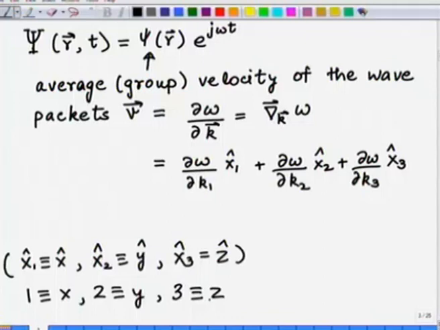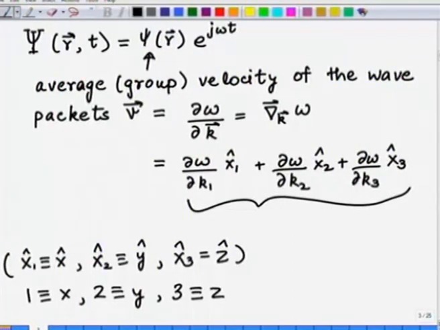The three notations 1, 2, 3 are the symbols of the orthogonal coordinates, which if Cartesian, are x, y, z, and in the way I have expanded it, Cartesian coordinate system is implied. So, that is how I have written the group velocity.